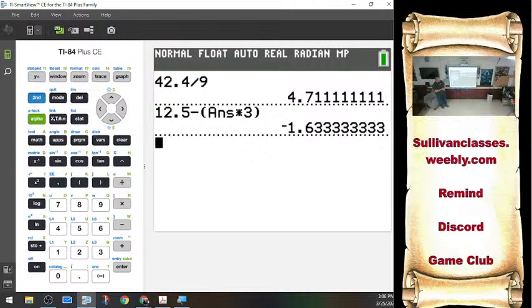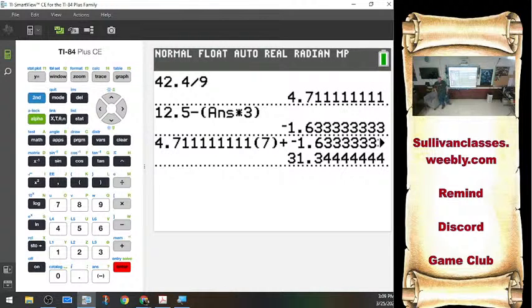Okay, I could have these and now say mx plus b is, highlight it, times 7 plus that answer. And it's going to give me almost perfect. Okay.